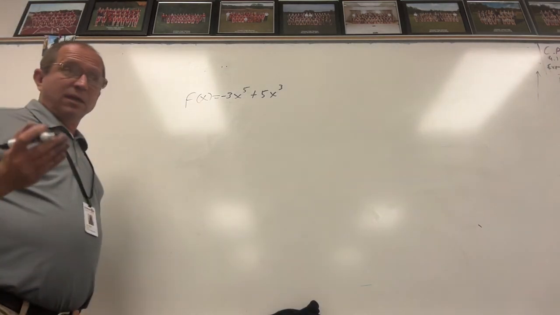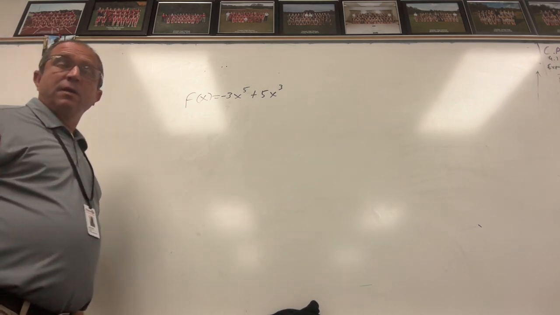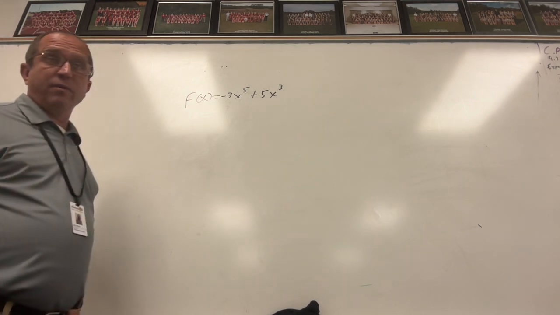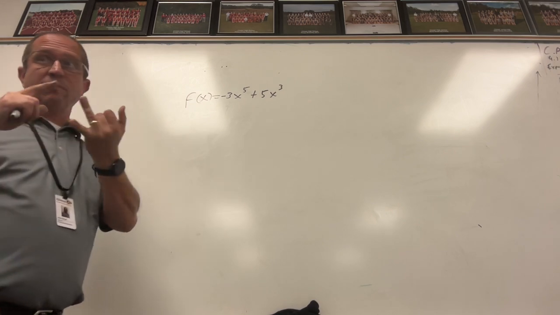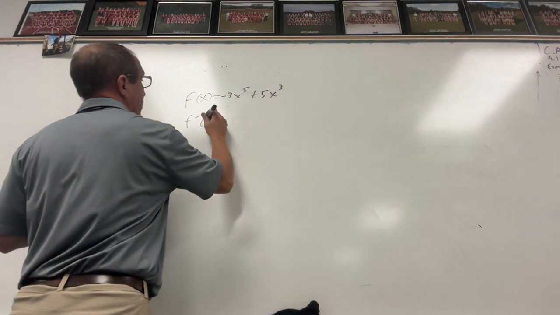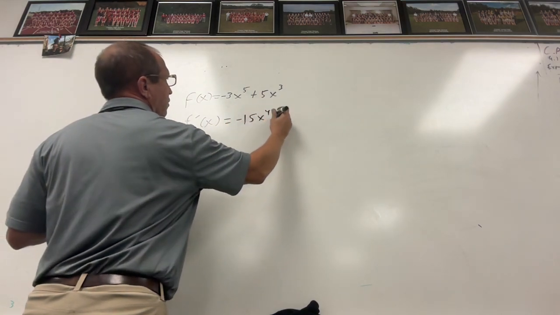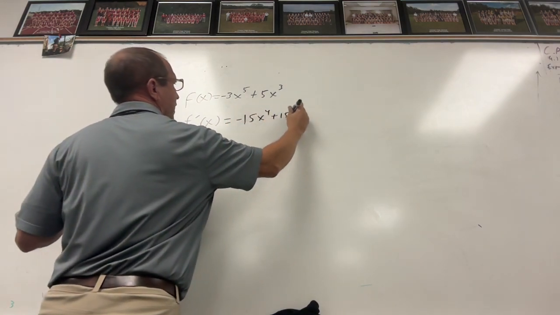So the very first thing I'm going to do is get the first derivative and set the first derivative equal to 0 to find my potential relative minimums and relative maximums. But they will be my critical numbers. So I get negative 15x to the fourth plus 15x squared, right?